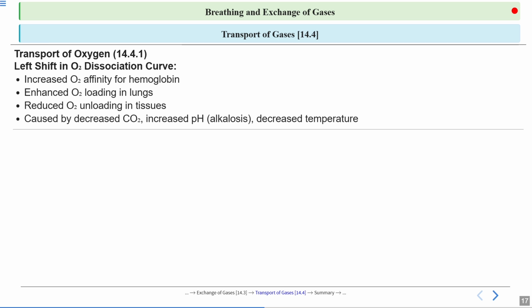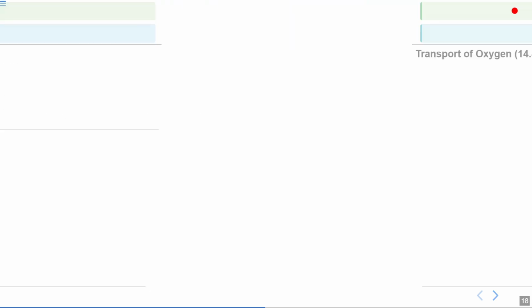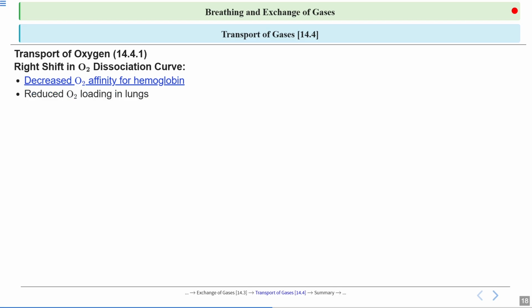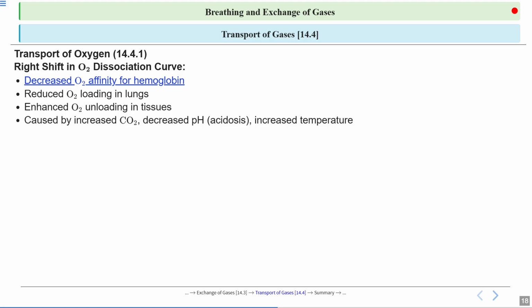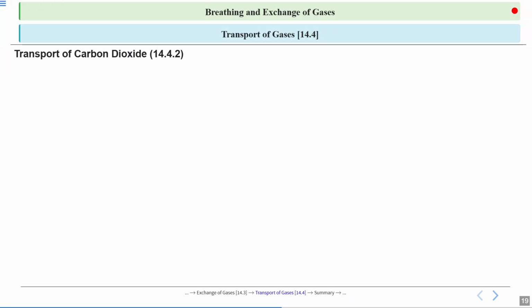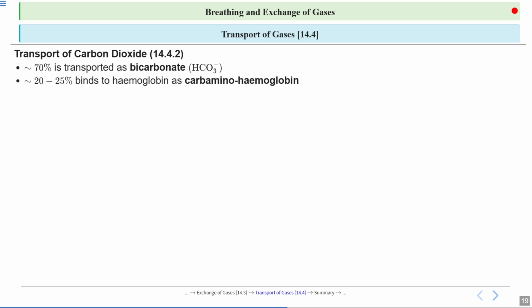Increased pH, that is alkalosis, and decrease in temperature. Decreased O2 affinity for hemoglobin and reduced O2 loading in the lungs is caused by increased CO2, decreased pH, and increased temperature. Now we will talk about the transport of carbon dioxide.